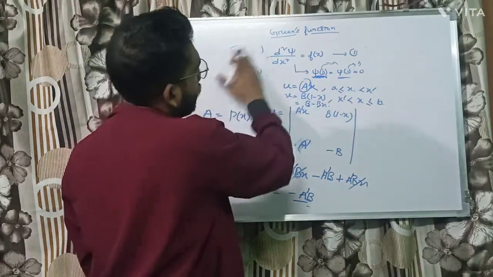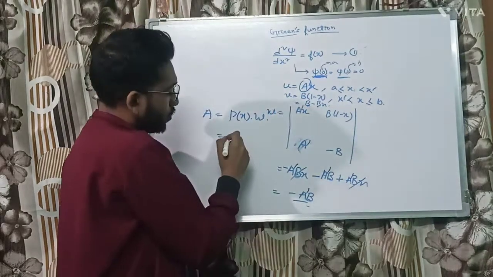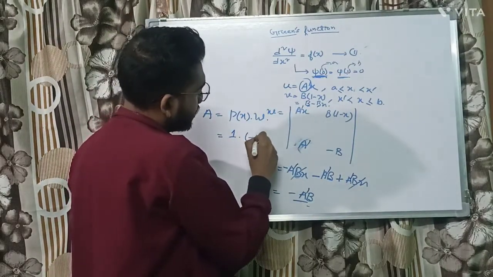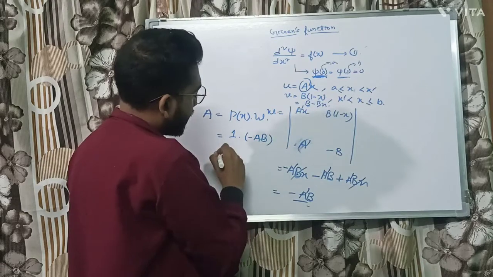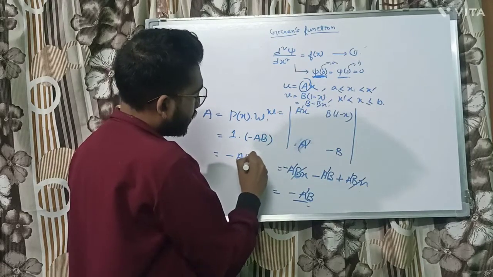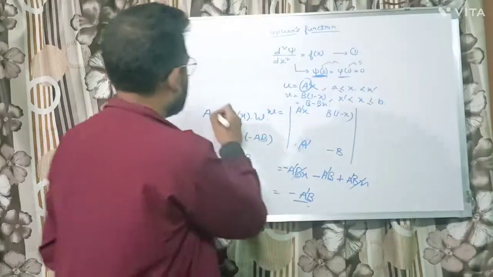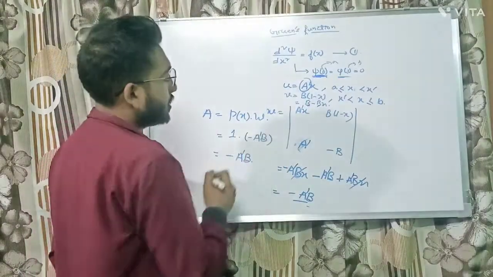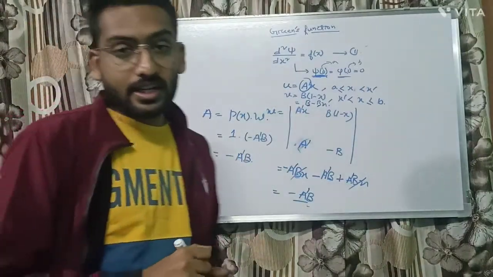So p(x) will be 1, and this is ab. So I am getting a dash equal to minus ab, minus a dash b. Okay, I am considering this as a dash.